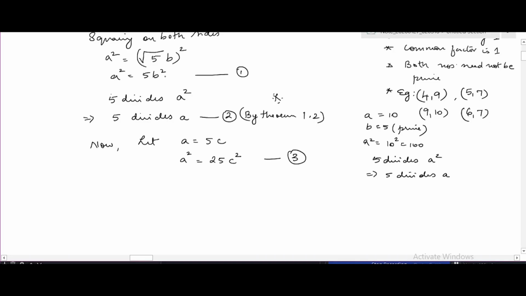Now from 1 and 3, a squared is equal to 5b squared, and also a squared is equal to 25c squared. So we will equate 1 and 3. So 5b squared is equal to 25c squared, which implies, when we divide by 5, b squared is equal to 5c squared.